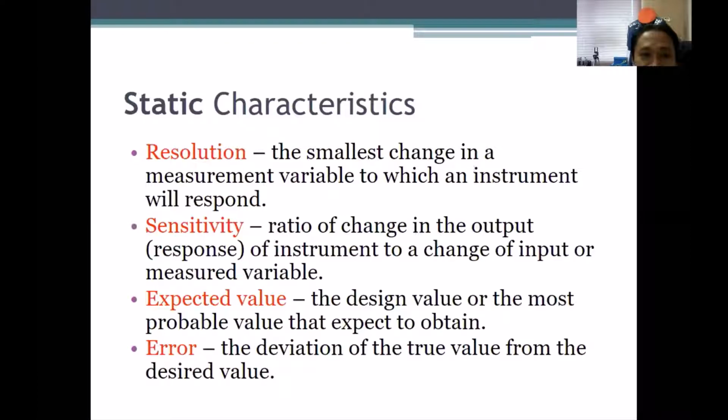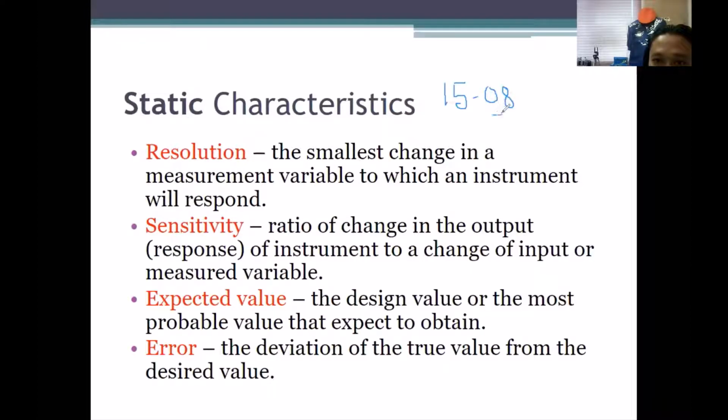Next characteristic of the static characteristics is the resolution. Resolution is the smallest change in the measurement variable to which an instrument will respond. For example, before this I measured using the digital multimeter, and our output was 15.08.